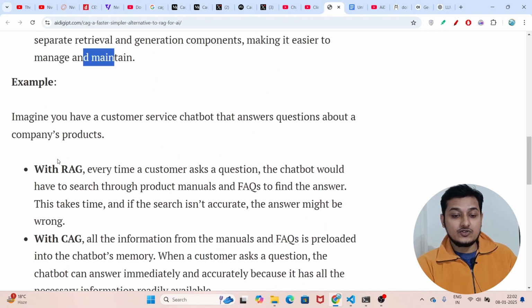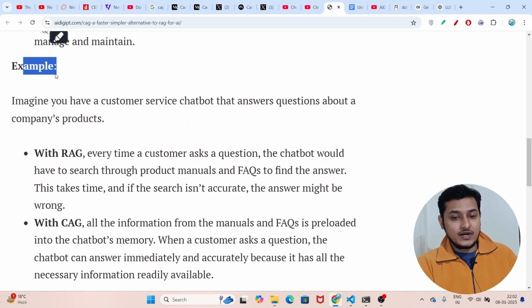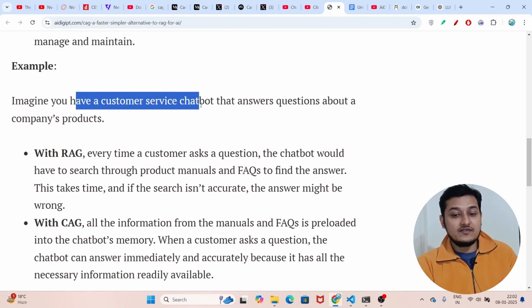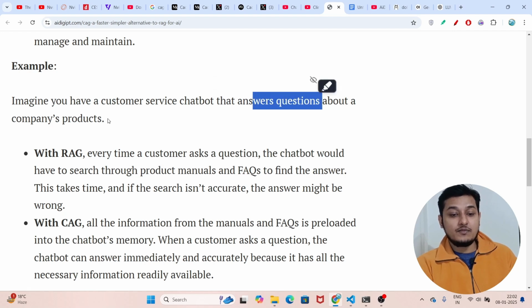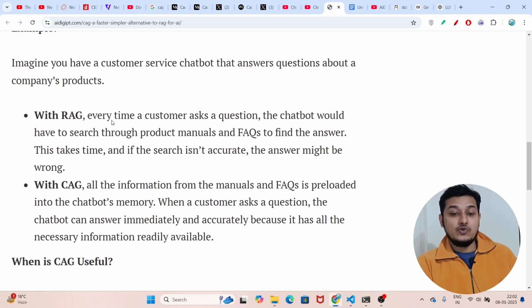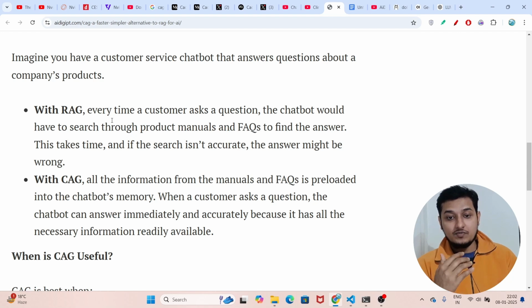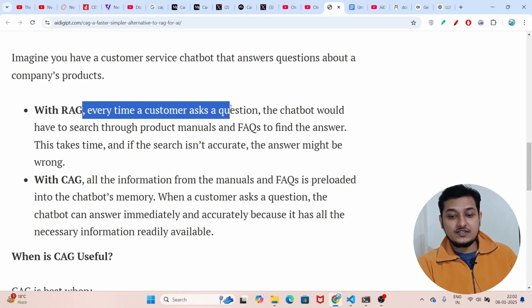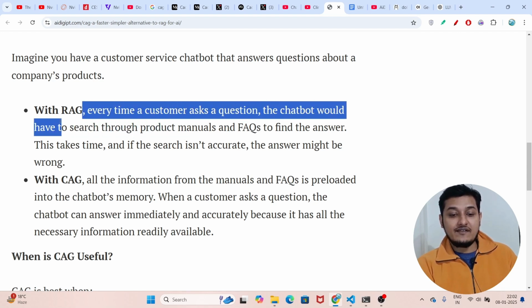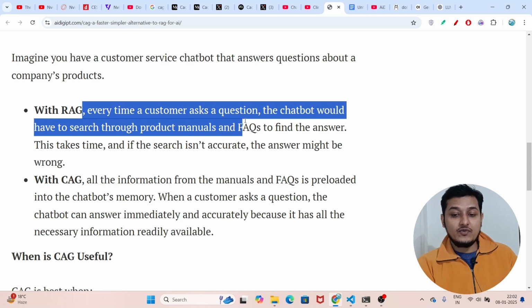I have also written one example here: you have a customer service chatbot that answers questions about a company's product. When you have a company and a customer service, all of your FAQs, the questions, are already in your system, right? With RAG, every time a customer asks a question, the chatbot would have to search through the product manual and FAQs.